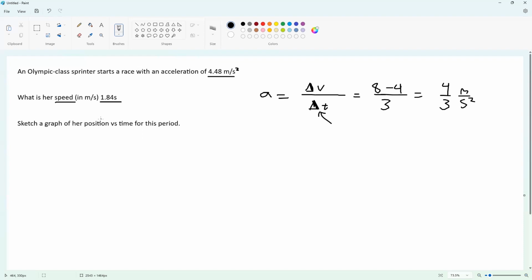Let me not dive into it too much, but this will just boil down to this. If you're in a car and your car is accelerating, we're going to equate it to this case: an Olympic sprinter starts a race. At the beginning of a race, are you moving?